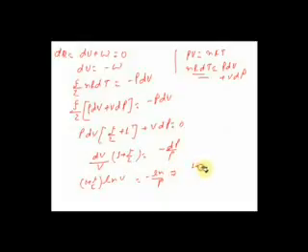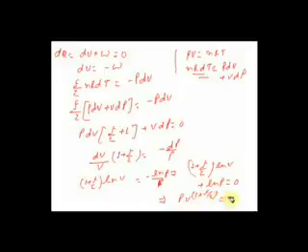or (1 plus f by 2) ln V plus ln P is equal to 0, or we get PV^(1 plus f by 2) is equal to constant.